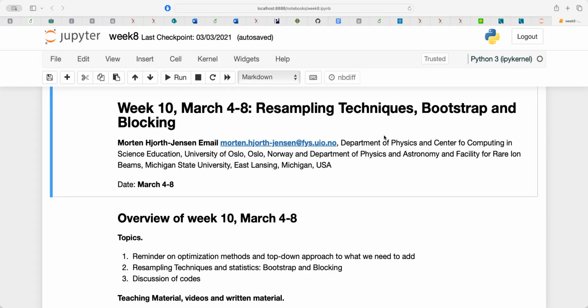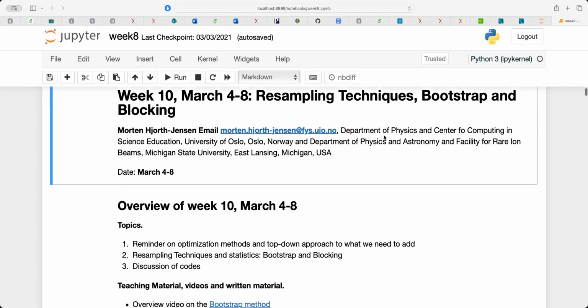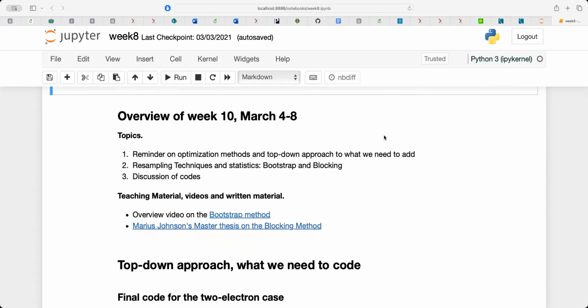Now, I also wanted to say one thing about this blocking method, which is always a fun thing when you teach. This was back in, I think, 2015, and I presented the blocking method, and there is an original article by two Danes, Flyvbjerg and Petersen. Marius, who was attending the course, had his background in statistics, a bachelor degree in statistics.